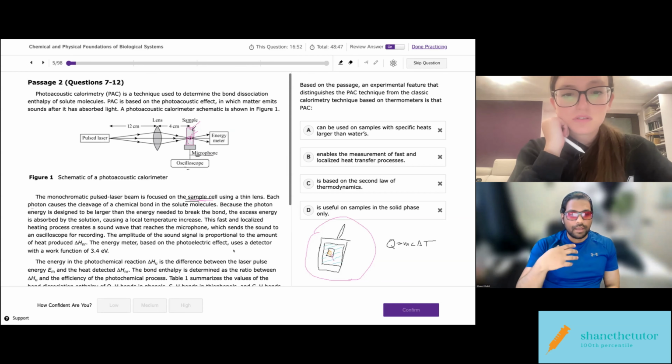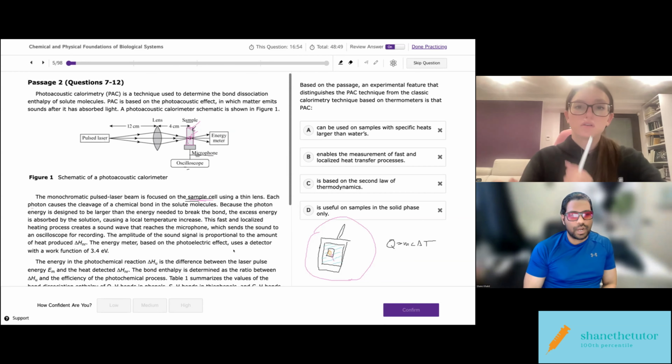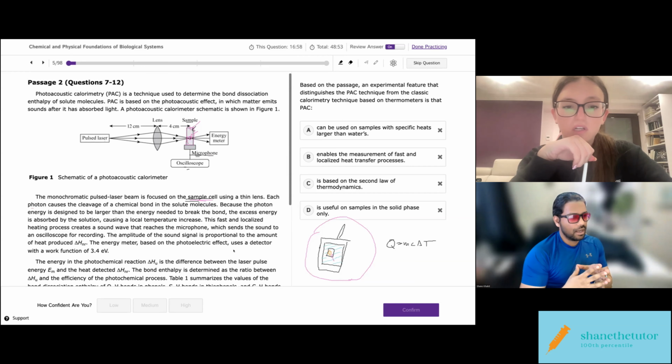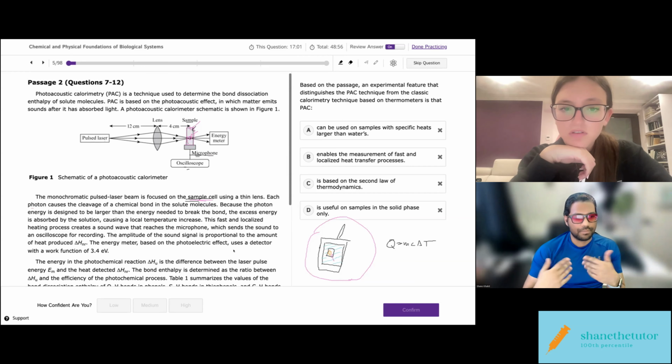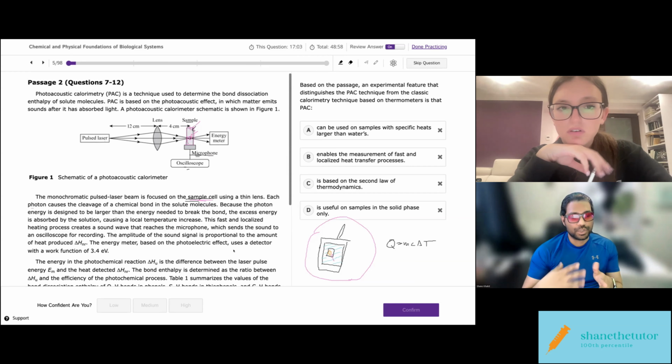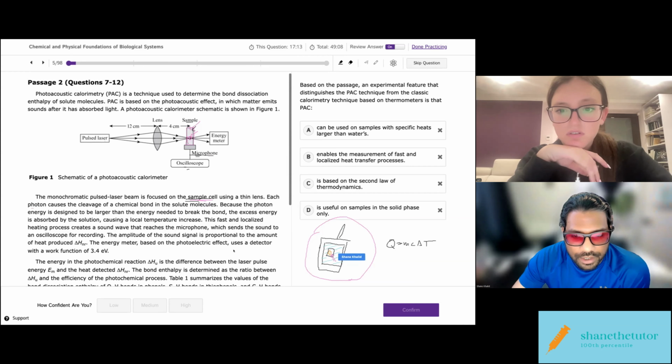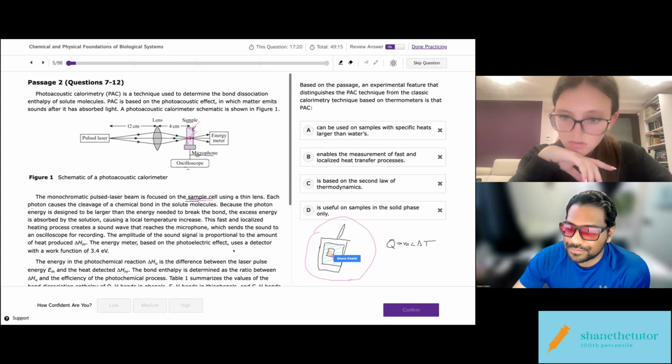Once the photons break those chemical bonds, it creates some excess energy that's absorbed by the solution, just like here. When this combusts, it creates energy that can be taken in by the water, which lets us figure out the energy of that thing that's combusting.